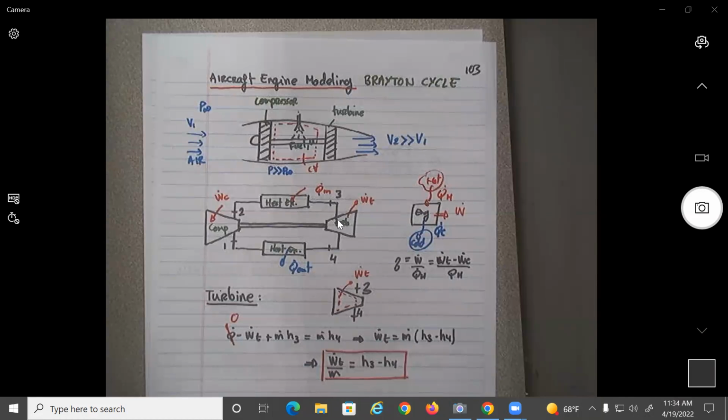So generally these two are connected by a shaft, and some of the power generated by the turbine is used to run the compressor. That's why the total amount of work is the power created by the turbine minus the power consumed by the compressor, divided by the amount of heat transfer you need to put in, Q in this case.